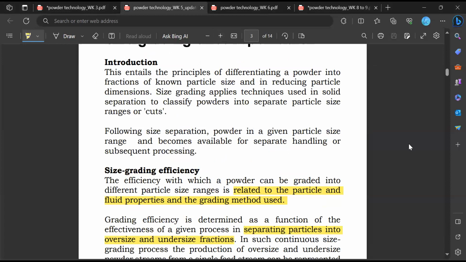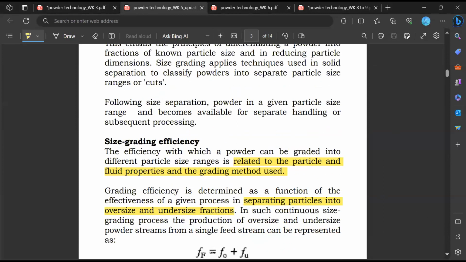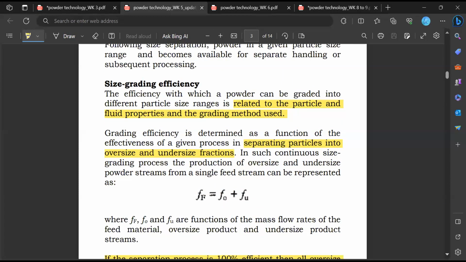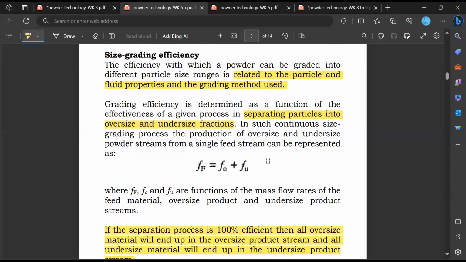Okay, so the next one is particle size reduction. So when we're talking about particle size reduction, we have to talk about the size grading efficiency, which is related to the particle and fluid properties and the grading method that is used. So particles are usually separated into oversize and undersize.